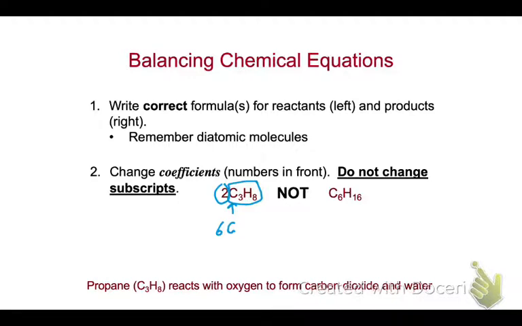The reason is that if you change the subscript, you are changing the compound. This here is a totally different compound than this one here. So if I want to change the number of atoms for this compound to balance my equation, I only change the coefficient.